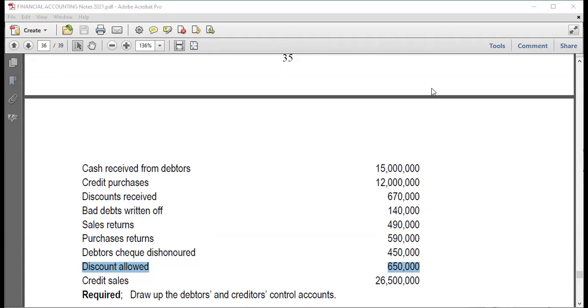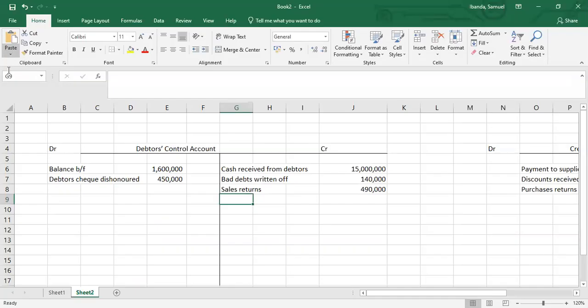They should reduce how much we should expect from debtors. And that is why it should be credited, okay? It should be credited.